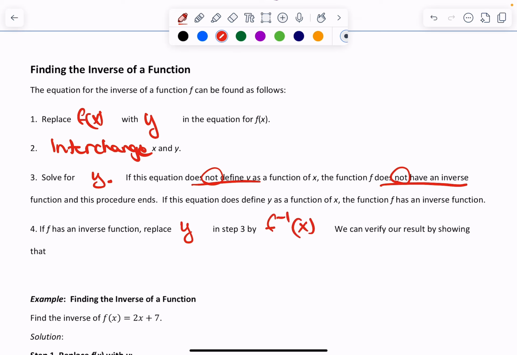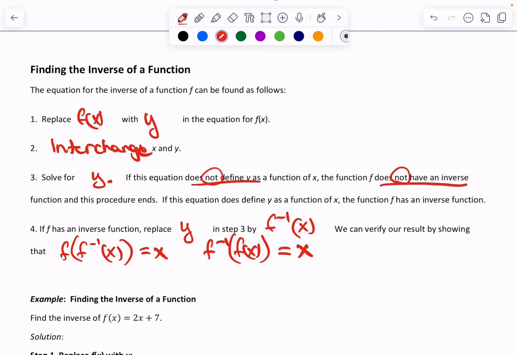And now we can verify our result by showing that the composite function of f of x and its inverse equals x, and the inverse of f of x also equals x.